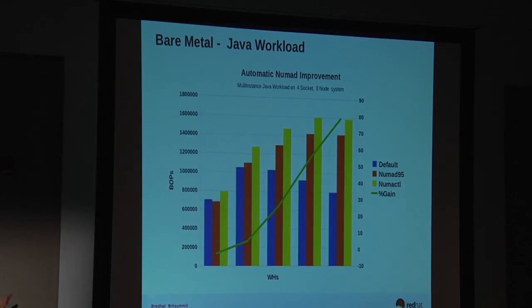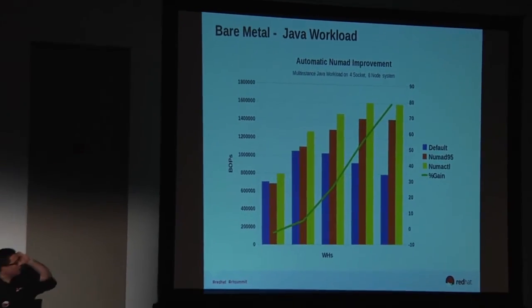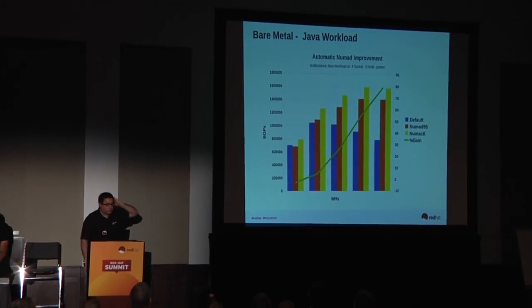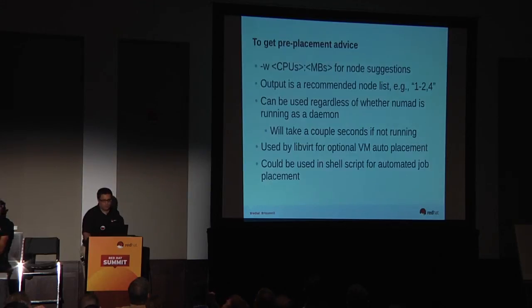And I knew how big these things were, so I actually ran numad -u95. But you can see automatically, without knowing anything about topology and without doing much manual tuning other than typing numad, I got most of the performance that you can get from doing expert NUMA tuning. So on this workload, it actually shows you can get a very large gain just by running numad.